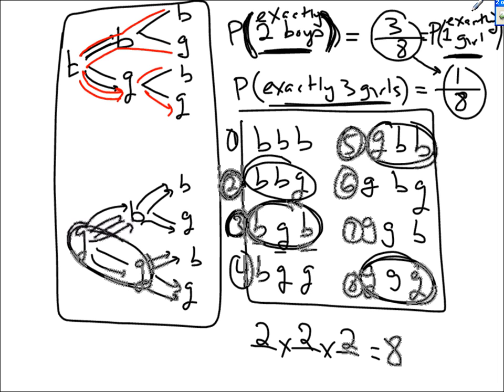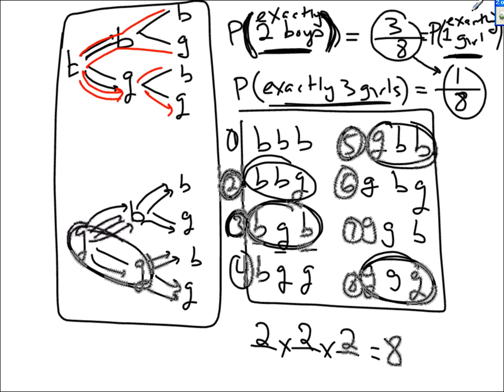You know it's out of 8. Now, a quick way of figuring out that there's three cases. The quickest way of realizing that there's three cases is to think, well, if you have exactly two girls, then you had one boy. And it's easy to list the ones with one boy.